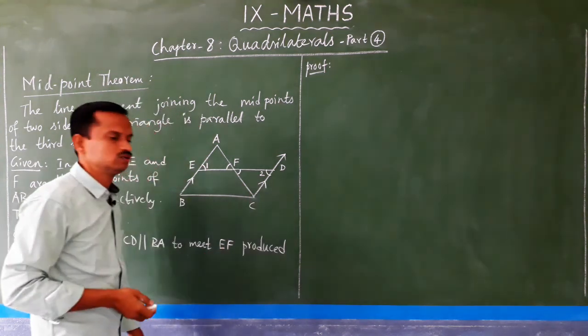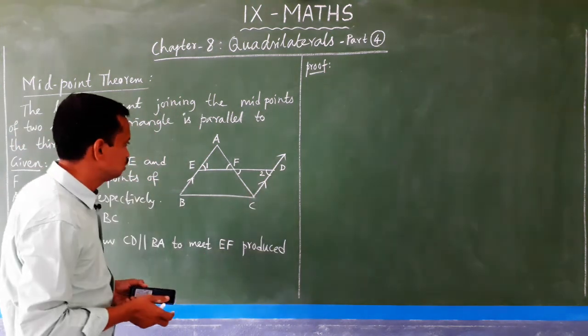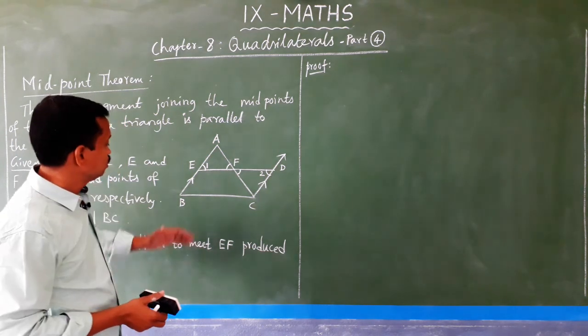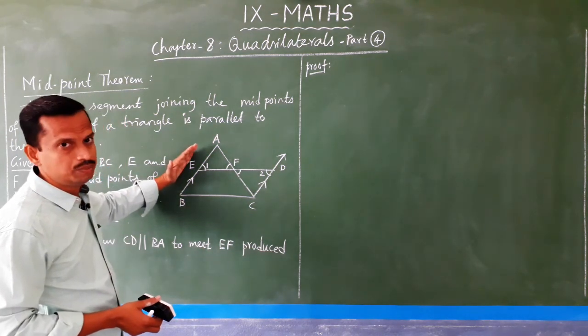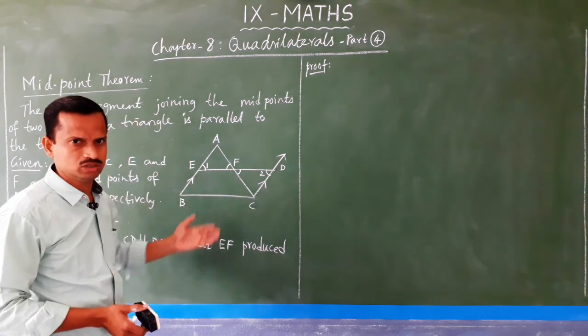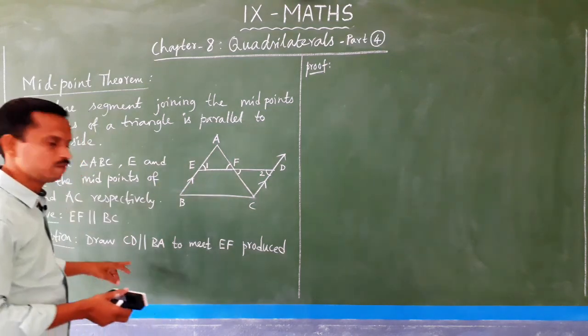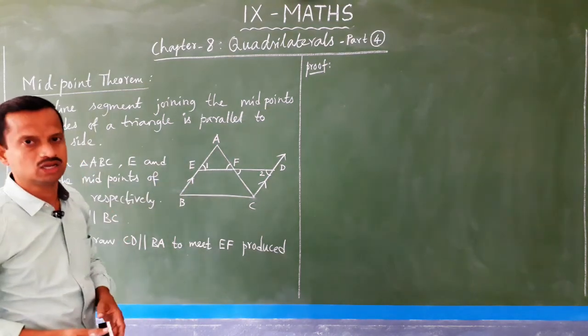So 1 and 2 are alternate interior angles and they are equal. You know why? Consider BA and CD as the two parallel lines, because by construction we have already said that BA is parallel to CD. That is how we are constructing.